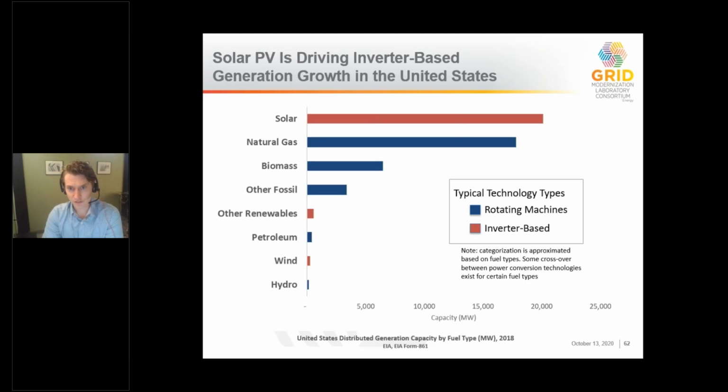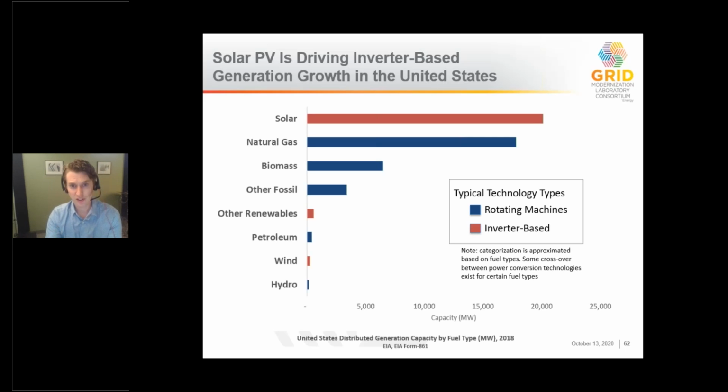Then, and this is probably intuitive to a lot of the folks on the line here, solar PV is really driving inverter-based generation growth in the United States, and specifically looking at DER, which is the data represented on this slide. Solar DER is the largest capacity sector of all the DER, and all solar is going to be inverter-based.